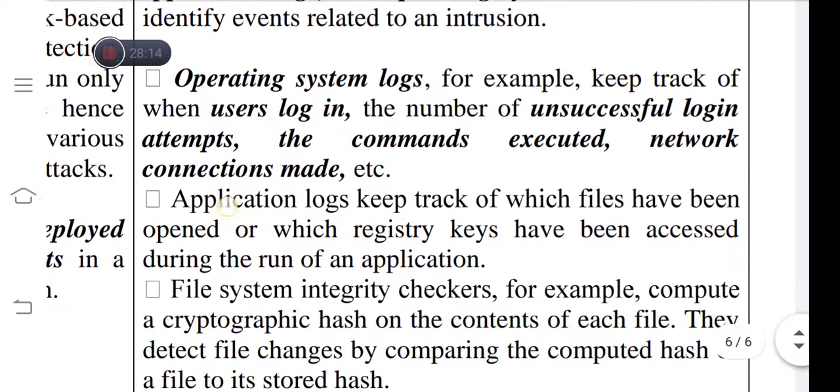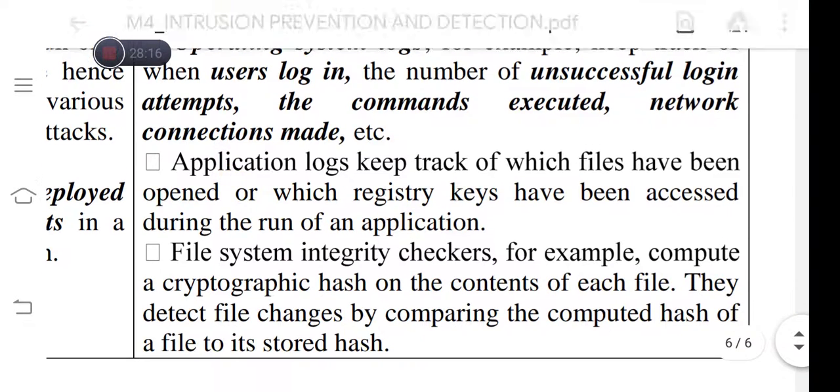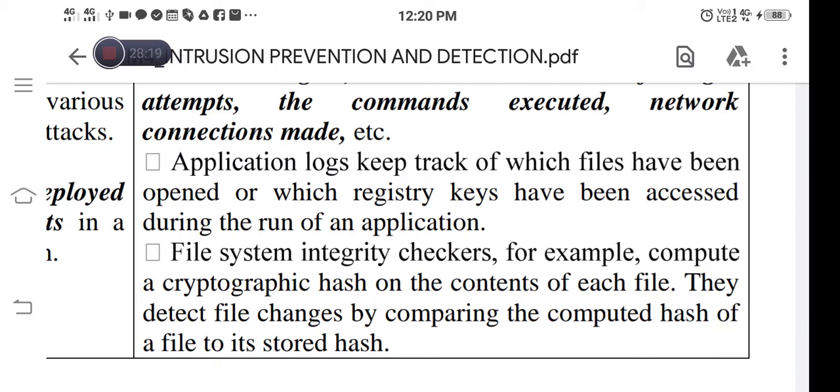Similarly, application logs will keep track of which files have been opened or which registry keys have been accessed during the run of an application. For example, the file system integrity checkers compute a cryptographic hash on the contents of each file.